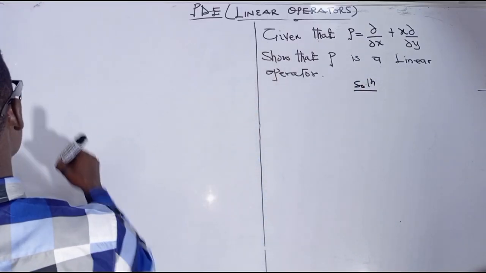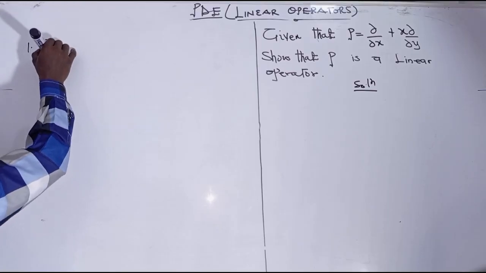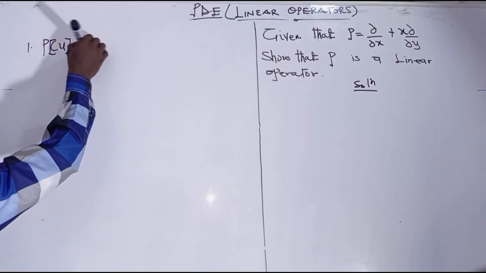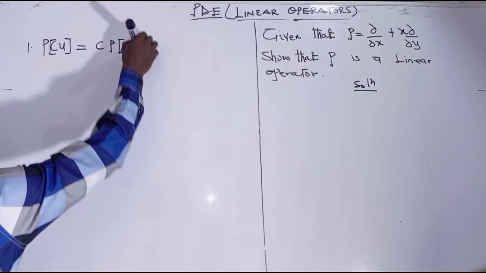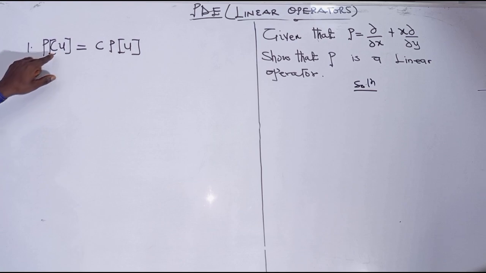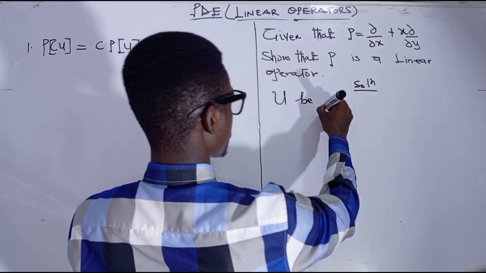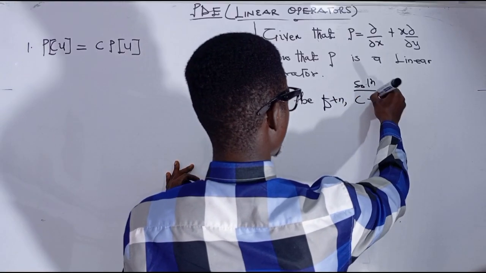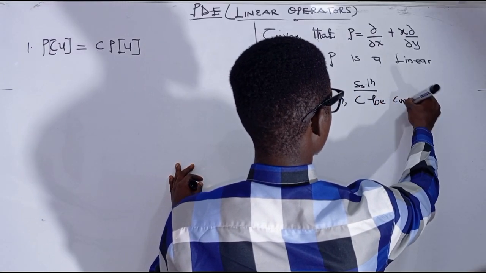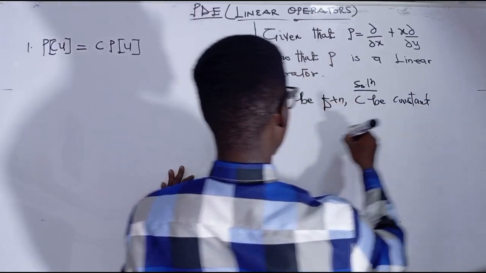So the first condition is P(CU) must be equal to what? C P(U). So P is the operator, C is the constant, and U is the function.